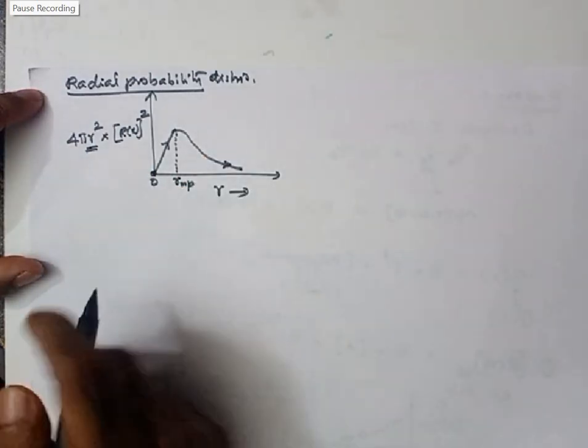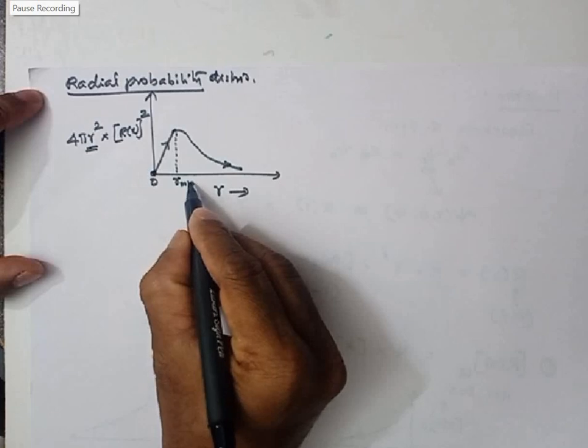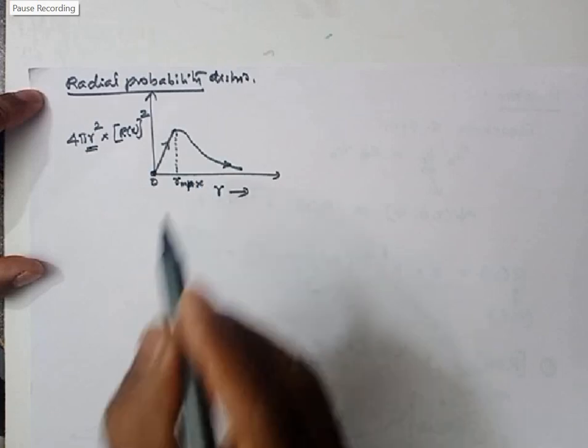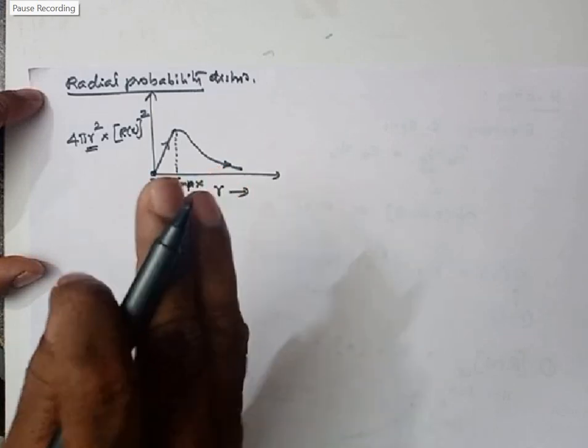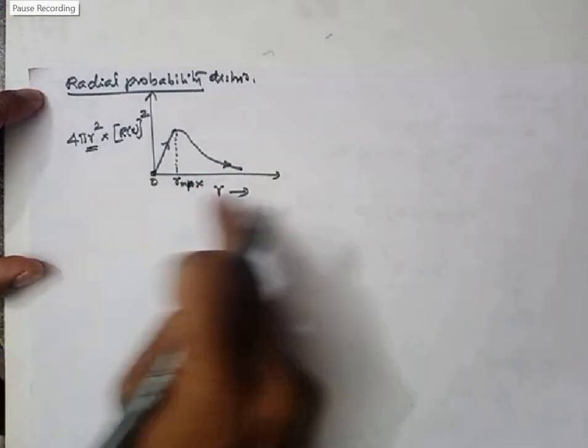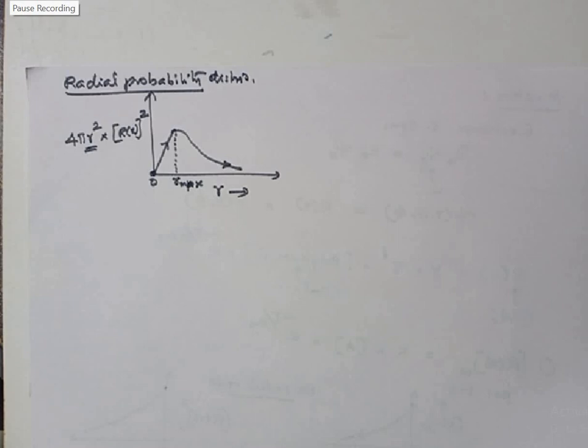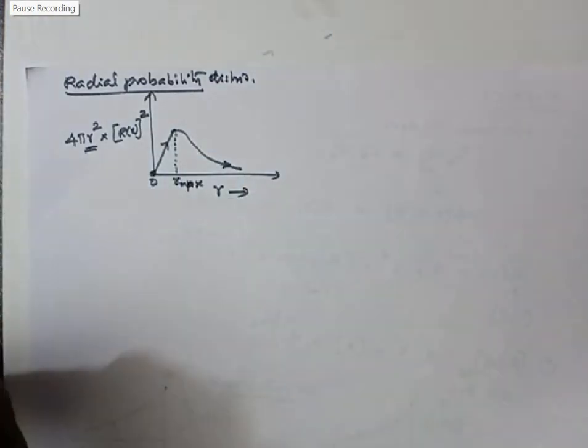I can also call it r max. What is r max? The maximum probability of the electron exists at this distance from the nucleus. Is this clear? Any doubt up to this?